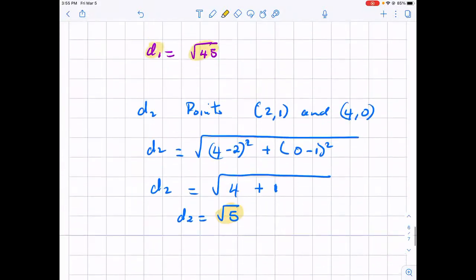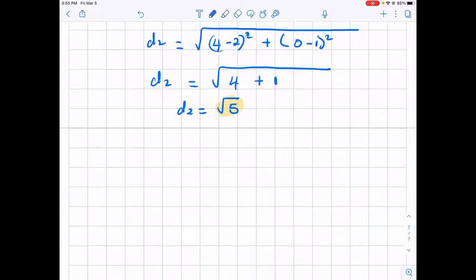And then we have D3. For D3, we have the points 5, 7 and 4, 0.